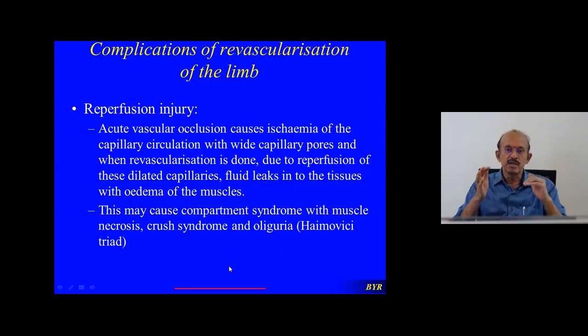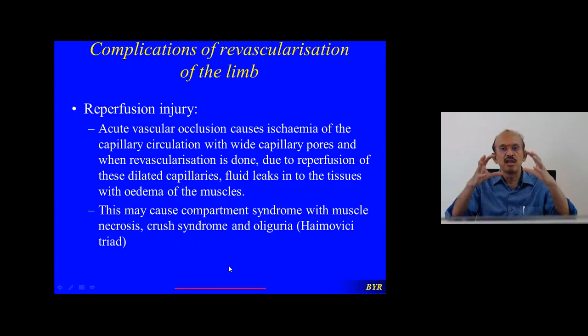Whenever muscles are subjected to crushing injury or tight pressure in a compartment, for example, take the leg. The leg has the tibia and there are three compartments: the anterior compartment or extensor compartment, the lateral compartment or peroneal compartment, and the posterior compartment or flexor compartment. These all have septae and tight fascia around.